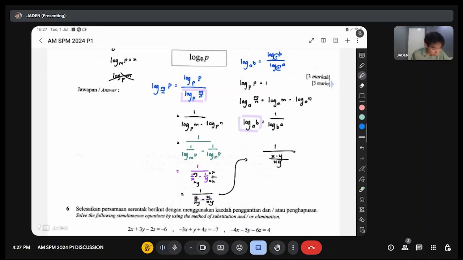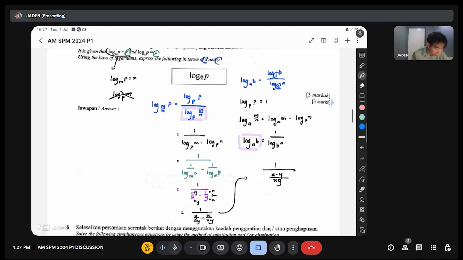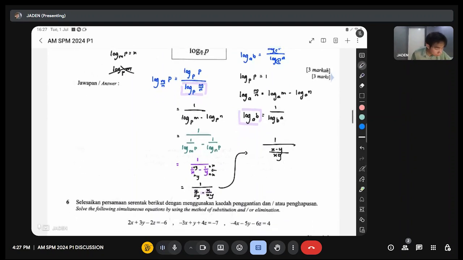Now the next thing is, let me just double check if I changed it correctly or not. All right, the log NP should be x, okay? Yeah, correct. So over here, next thing I want to do is 1 divided by the whole thing. How do we divide? Okay, so this one, you can convert into 1 divided by x minus y over xy. This is for students who are not sure how to divide a fraction.